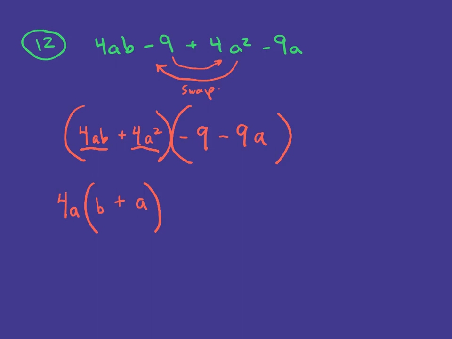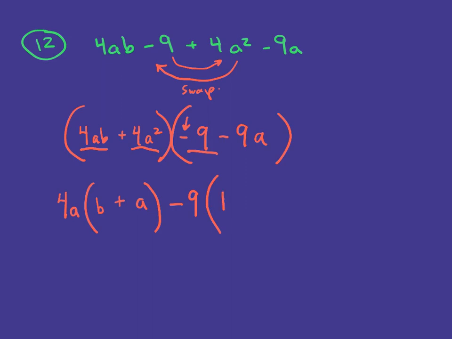And then onto the next grouping, we've got a negative there, so we want to start by taking out a negative. And 9 we can take out of both. We took a negative 9 out. If you take a negative 9 out of negative 9, you might think there's nothing left.